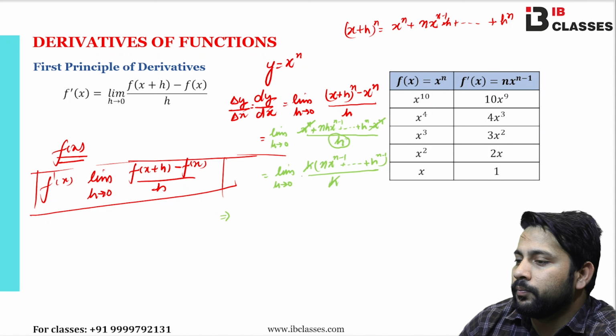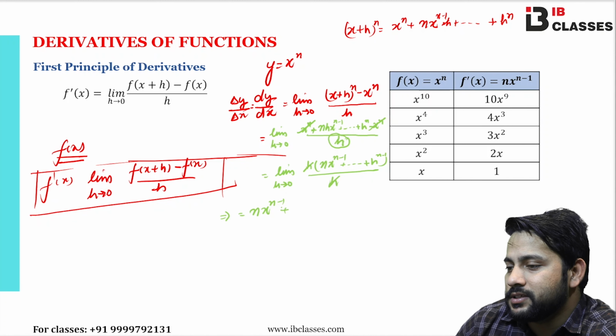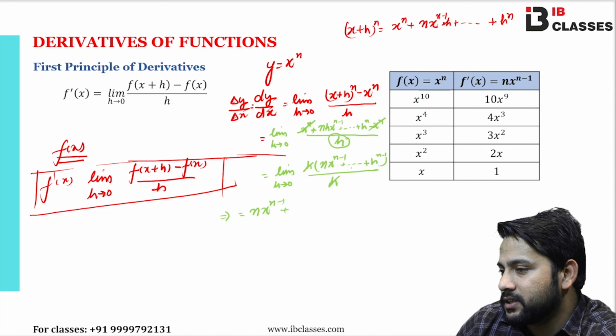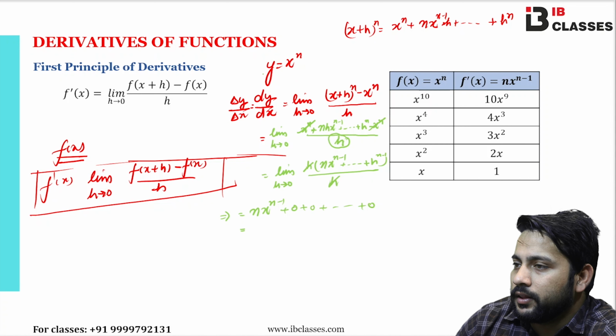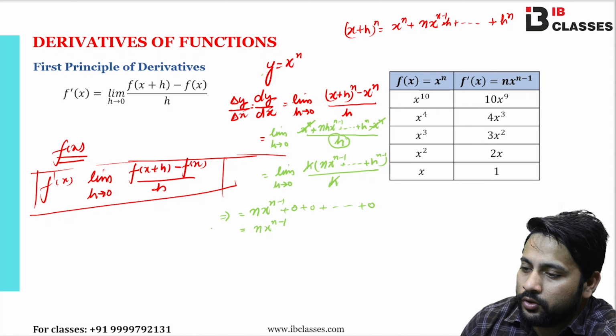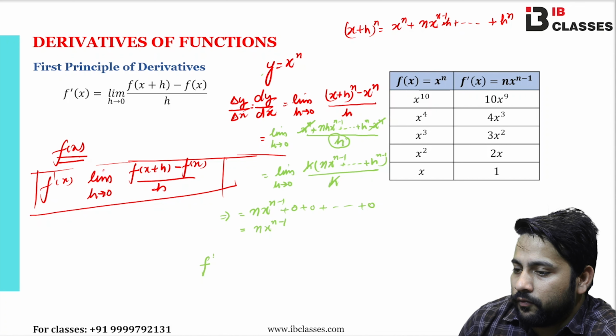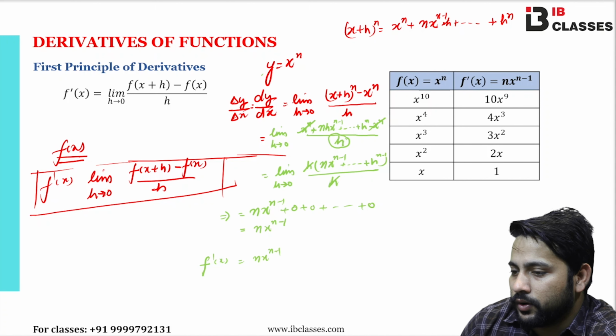Now when we put the limit, it will be n x raised to the power n minus 1, and except this term all the terms have h within it, so all will be equal to 0. So the derivative of y equals x raised to the power n is n x raised to the power n minus 1. So we can say that f dash x equals n x raised to the power n minus 1.